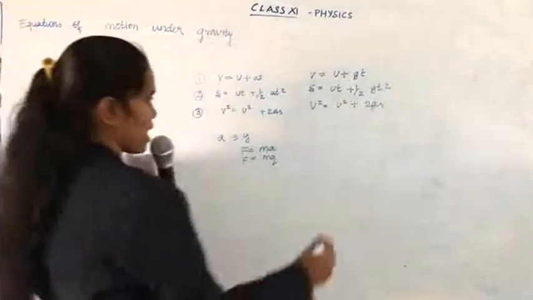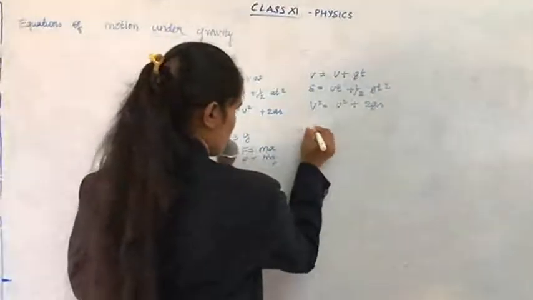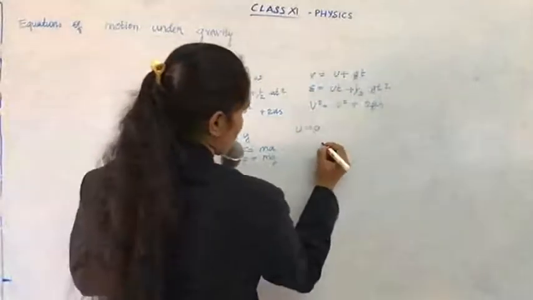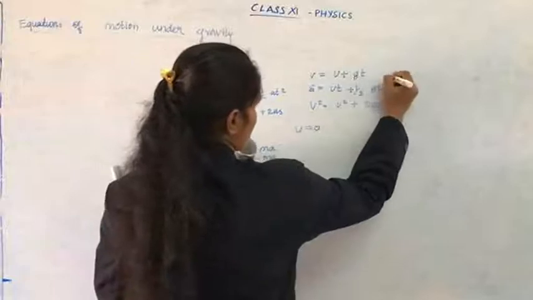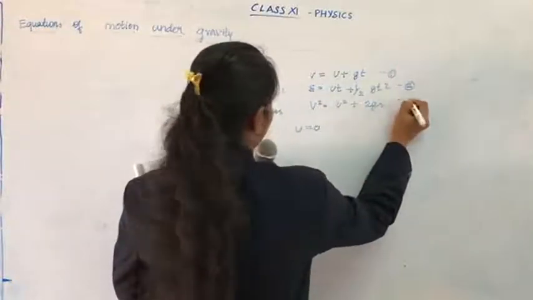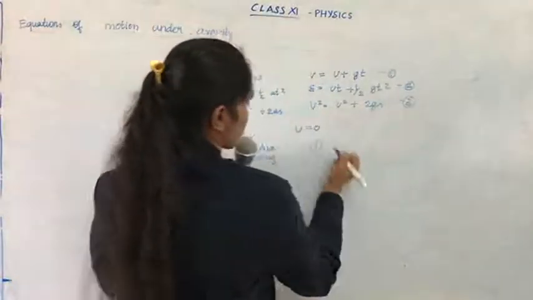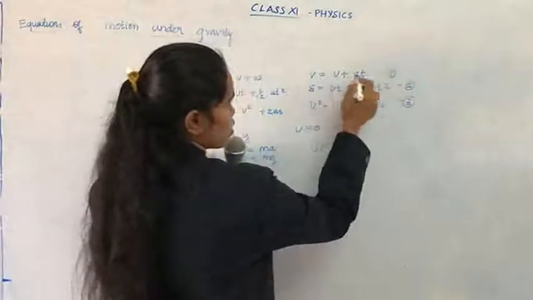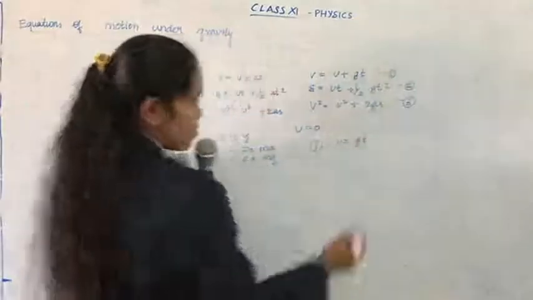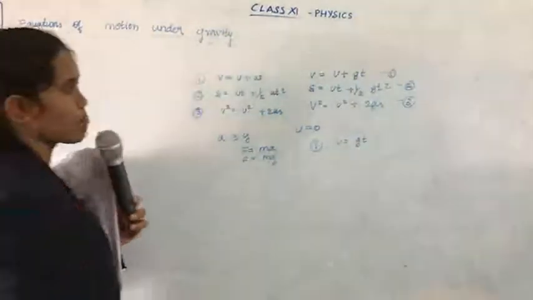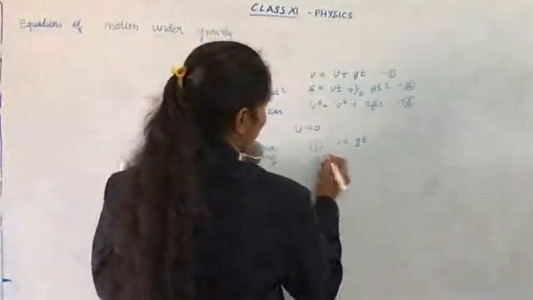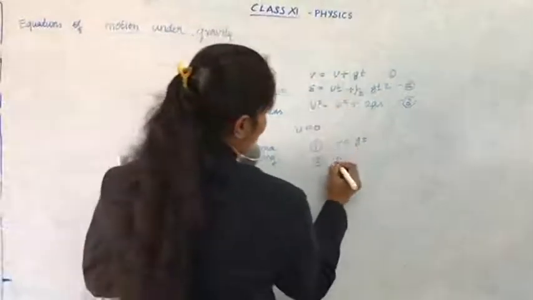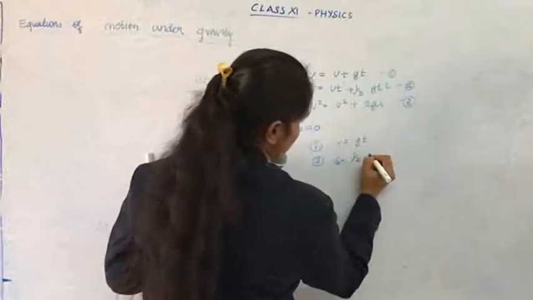Now you apply U equal to 0. If you apply U equal to 0, what happens? The first equation becomes V equal to GT. The second equation, S equal to half GT square.